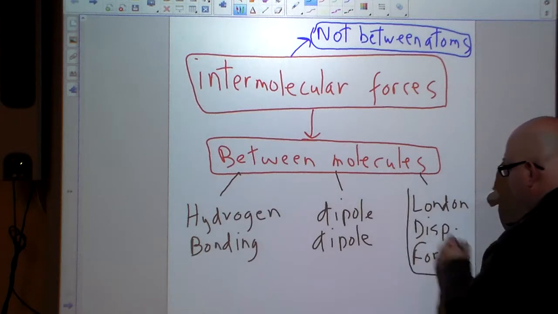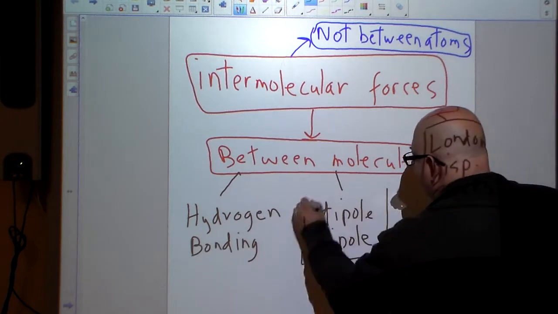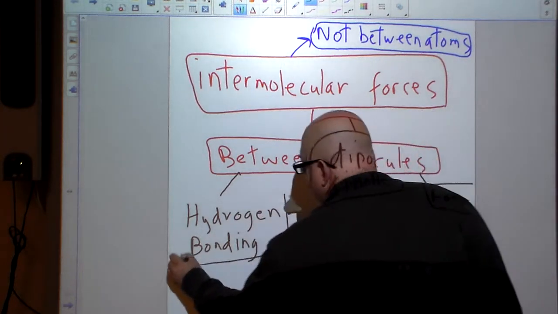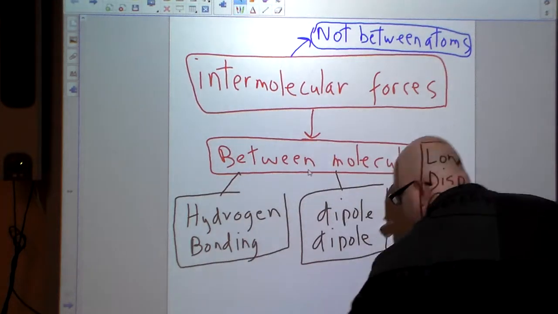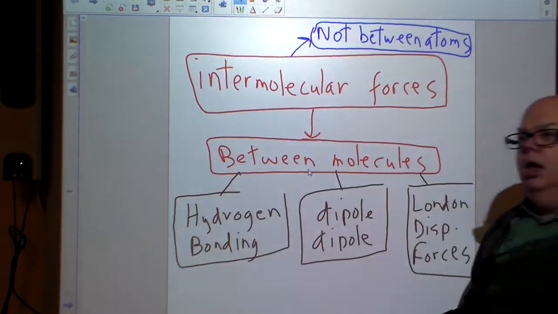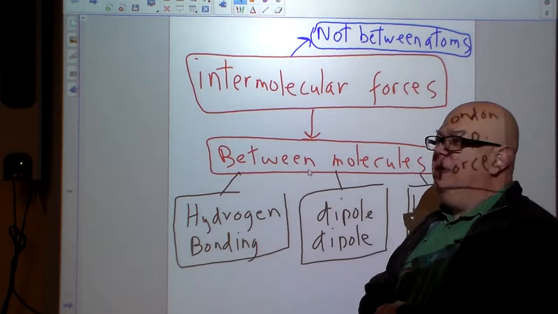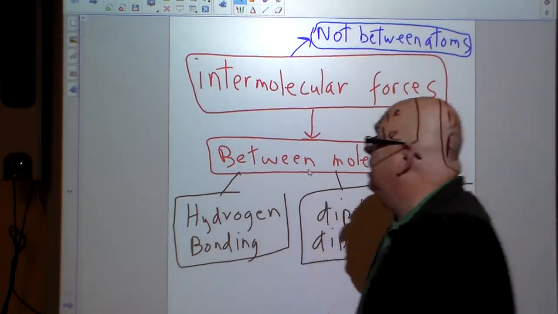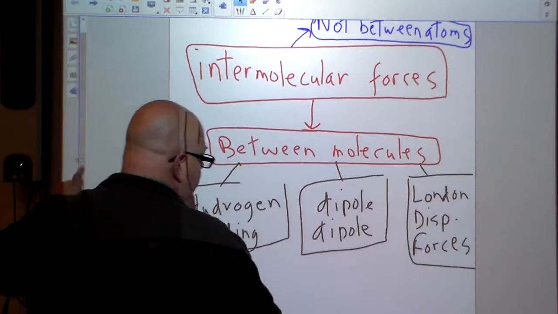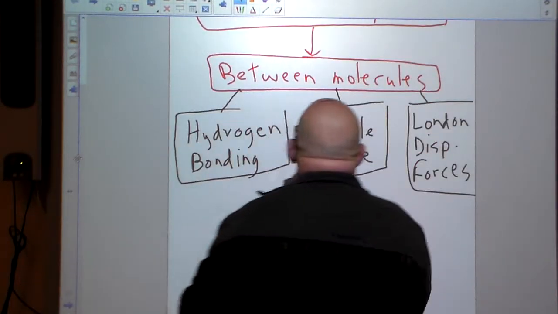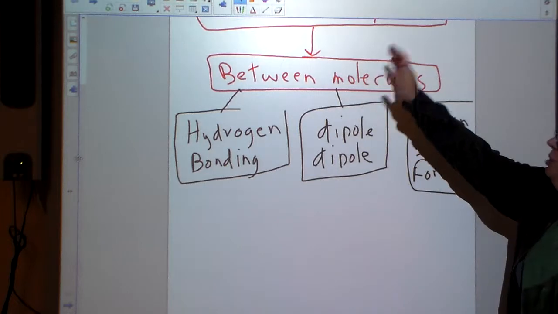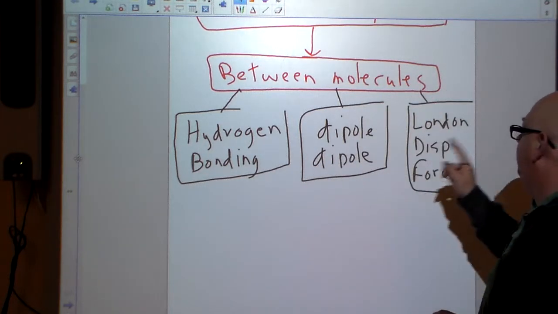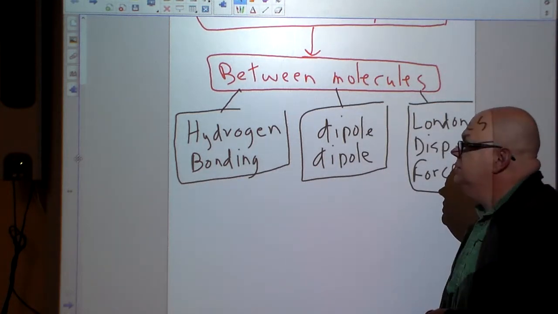So those are our three basic kinds of intermolecular forces. Now there is ionic stuff with the ionic compounds. I am not going to worry about that here. I only work with these three because they work with covalent and they're pretty important. So intermolecular forces between the molecules: hydrogen bonding, dipole-dipole, and London dispersion forces.